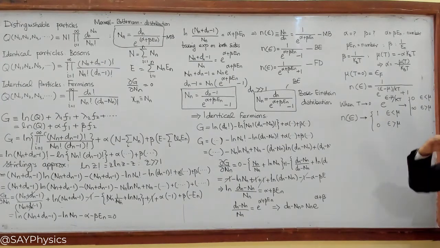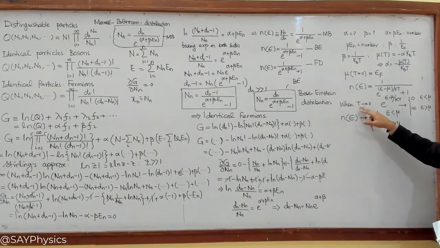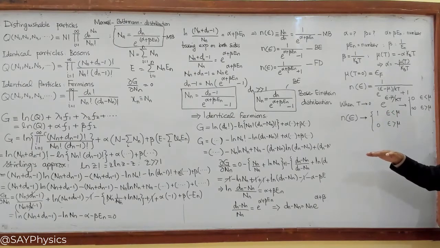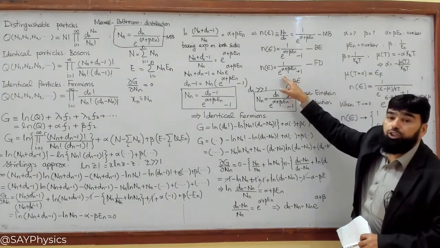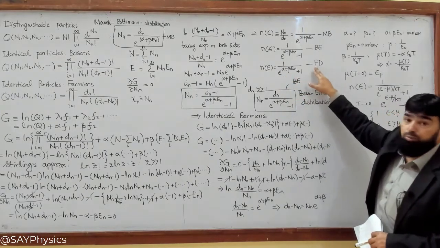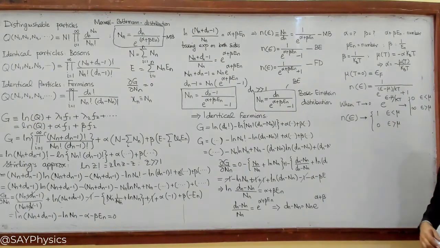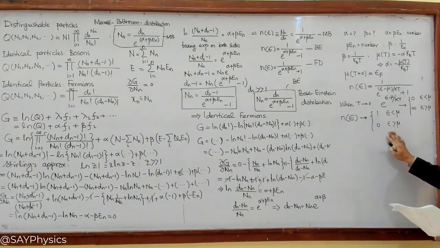Like we are having the two values for the T going to 0 case, meaning when you are decreasing the temperature of the system, then what will happen to the fermions which are following the Fermi-Dirac statistics? Okay, let me explain a little bit about them as well. But for the while we will do this one and then we will explain this one as well.